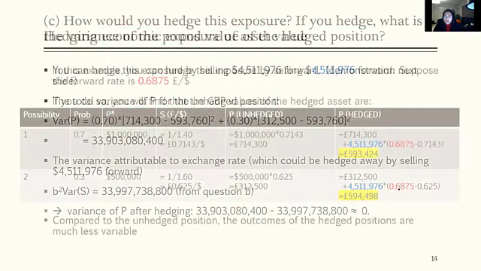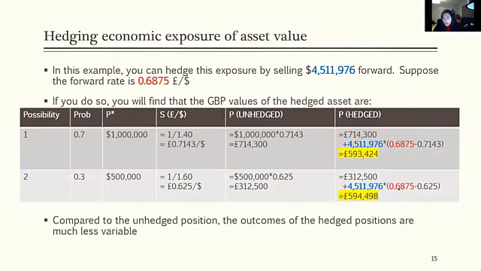In the next slide, this is not part of the answer, but I'm just going to illustrate how, when you hedge this position by selling $4.5 million forward, your exchange rate risk becomes quite small.